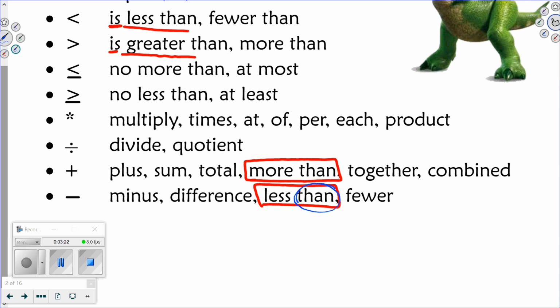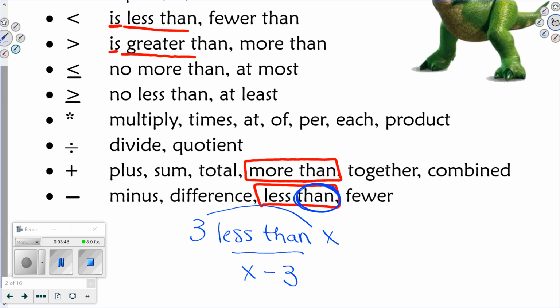This is one of the key things I need you guys to make note of. If you see the word less than, anytime that than shows up with less than, the order that you're reading it is actually flipped. So if I said I want 3 less than x, well, I know less than means minus, but it's x minus 3. Do you see the flip going on?